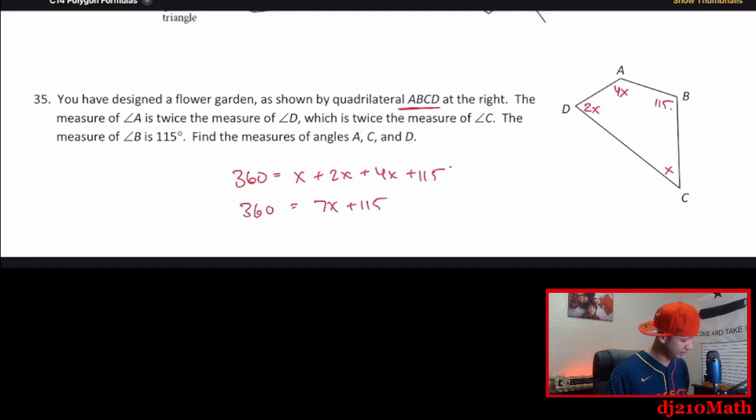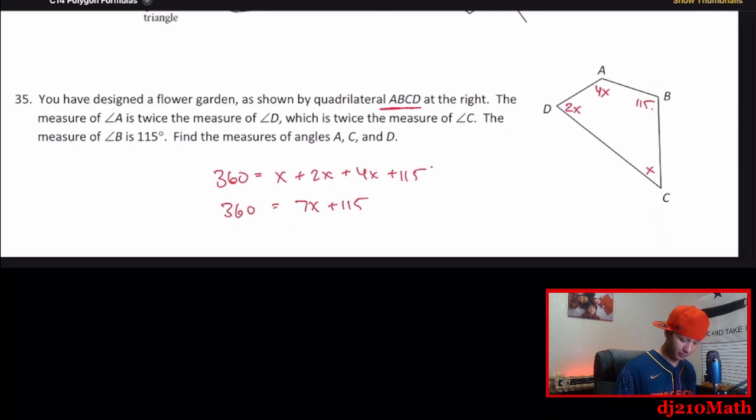So 360 minus 115, we get 245. 7X equals 245. Divide both sides by 7. X is equal to 35 degrees. So C is equal to 35.